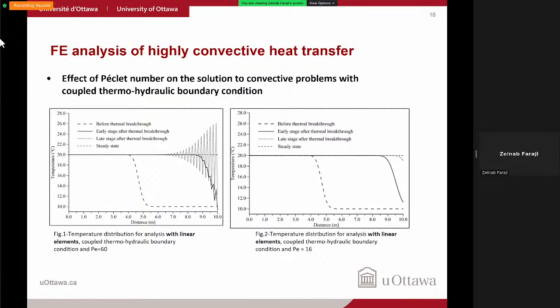So as a conclusion, we can say that the coarse mesh with linear elements could be used for determining the time required for thermal breakthrough in an open loop system, but it should not be used to predict the temperature distribution after this phenomenon takes place, because the solution is affected by considerable oscillation.